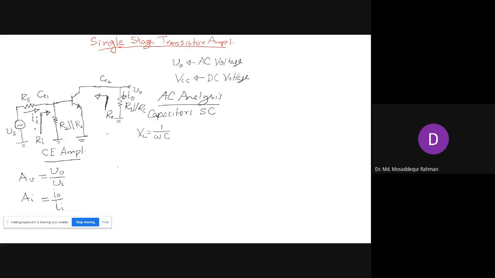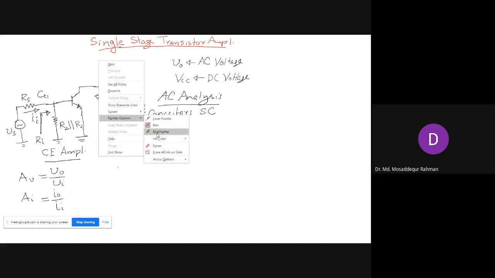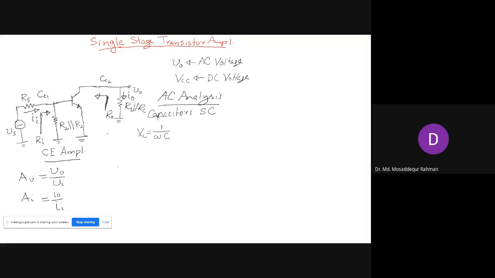Now at the input side, we can do more simplification here. And this part we can replace by its Thevenin's equivalent.